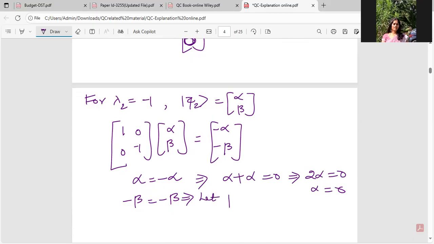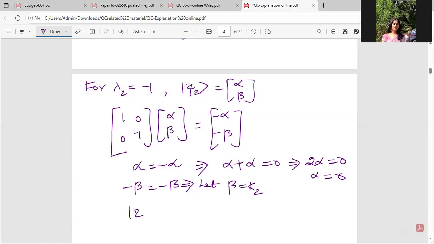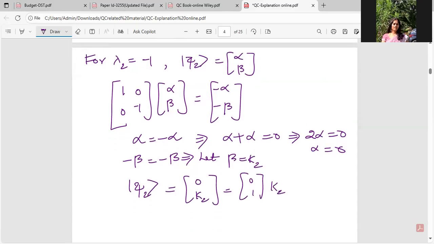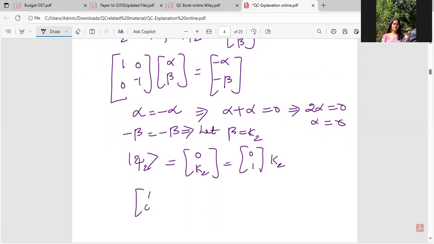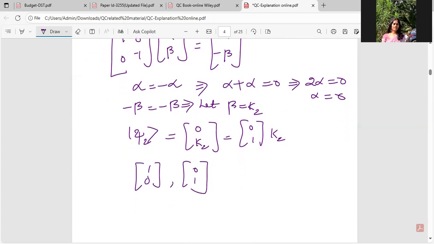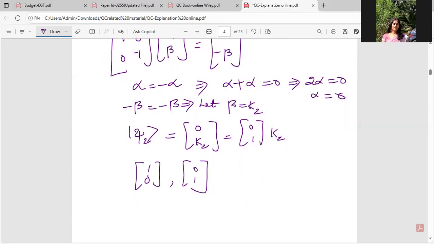Let beta be equal to k2. Hence, the eigenvector ket xi2 becomes 0, k2, or 0, 1 into k2. Hence, the eigenvectors are 1, 0 and 0, 1 for the Pauli Z gate. With this, I will stop here and come back with the other gates. One or two look like difficult gates, but once you keep solving, they'll be easy. Thank you.